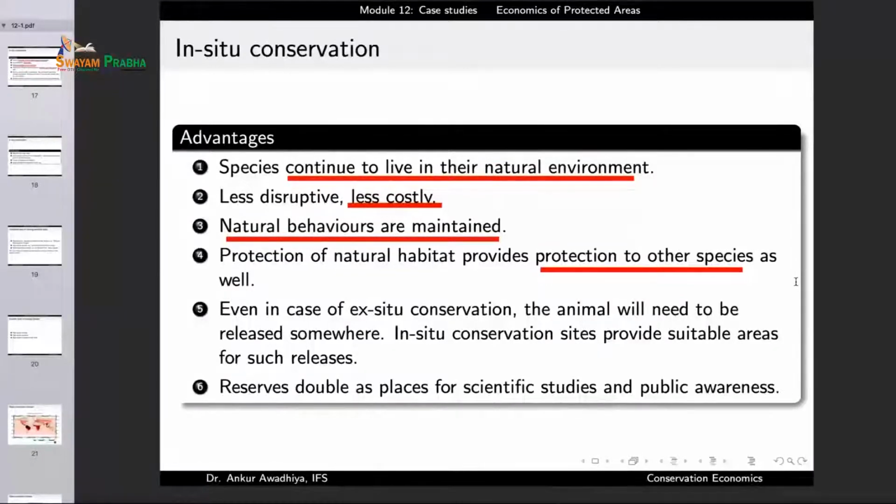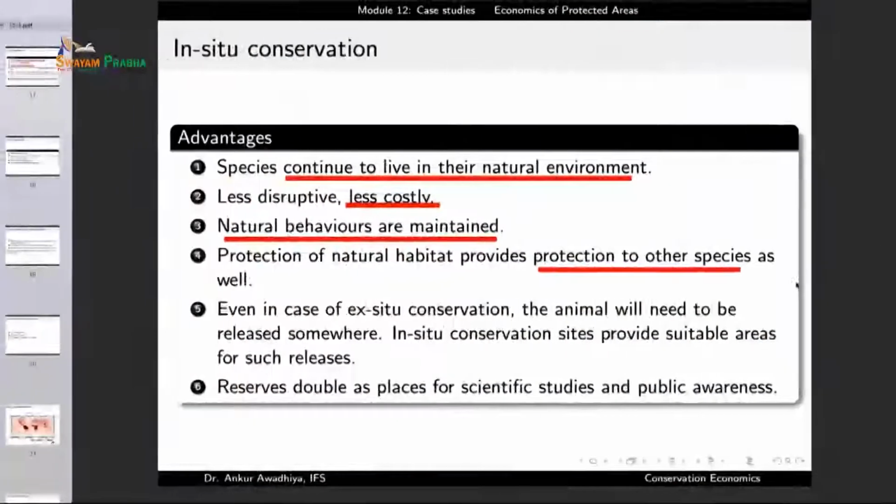Then, even in the case of ex situ conservation, the animal will need to be released somewhere at some point of time. So, once you have done the captive breeding in the case of ex situ conservation, you have now a large number of animals, so they will have to be released back into the environment. Now, if you only did ex situ conservation, you only maintained these individuals in the zoos and their natural habitats got destroyed.